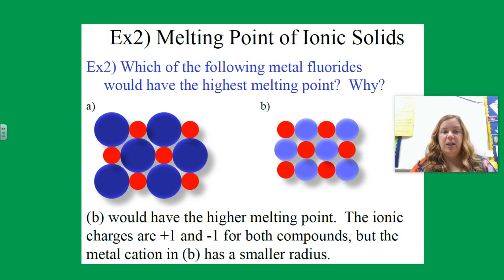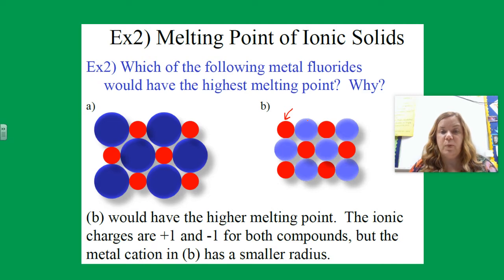Let's take a look. We're going to have B. Now let's look at this. B would have the higher melting point because the ionic charges are +1 and -1 for both compounds, but the metal cation in B has a smaller radius. Here is your metal cation, and it does have a smaller radius.